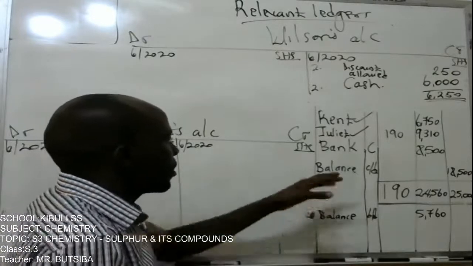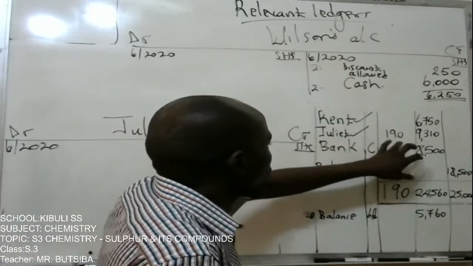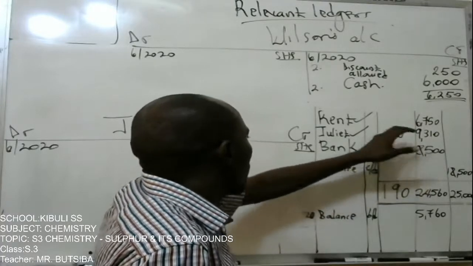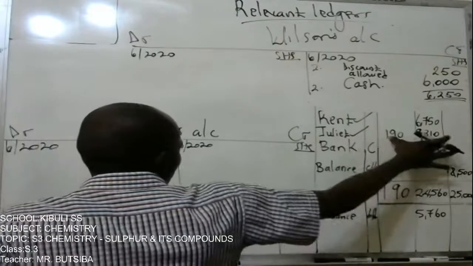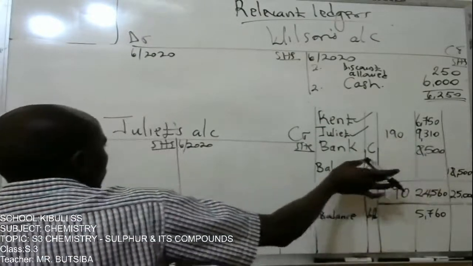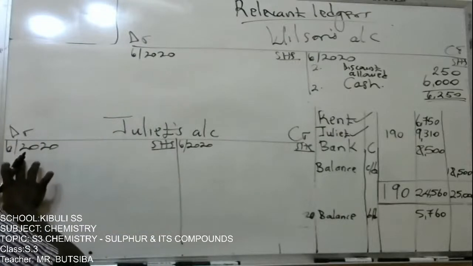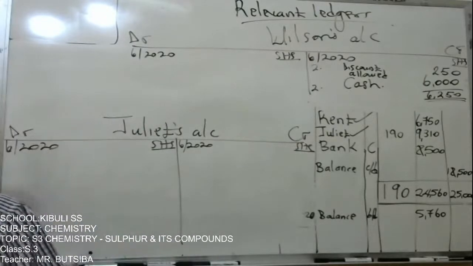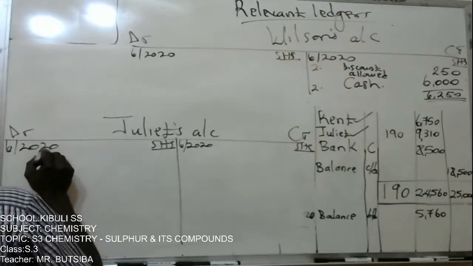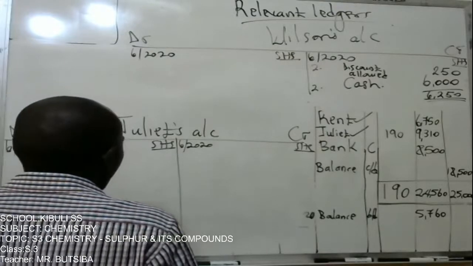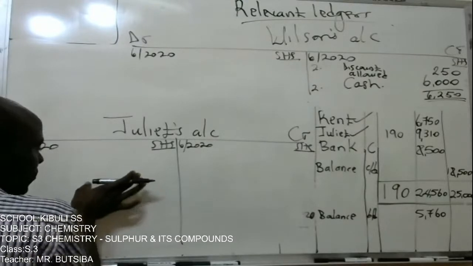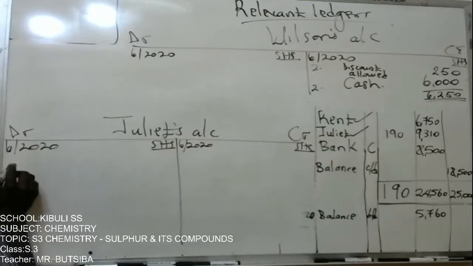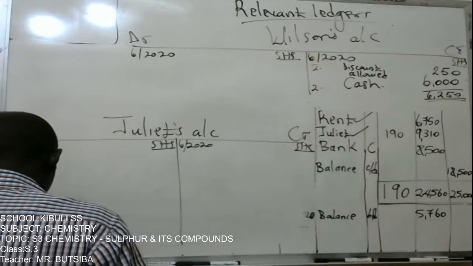Because this time around Juliet was paid, that means now Juliet's account is going to be receiving. Because Juliet's account appears on the credit side of our cash book, when you come to Juliet's account, you're going to record on the debit. Remember the double entry. If one account is gaining, another account is losing. One account is losing, then the other account is gaining. So this time around, Juliet is the one who is gaining. So you come, Juliet, the date was on 5th.